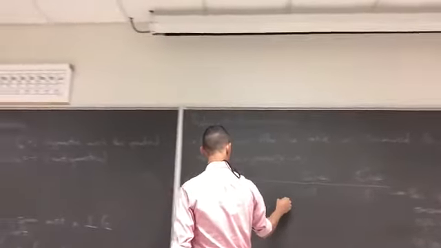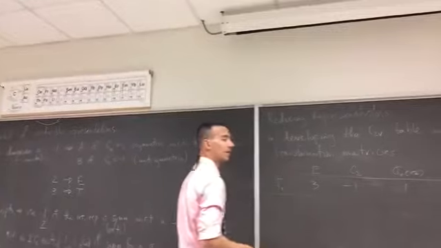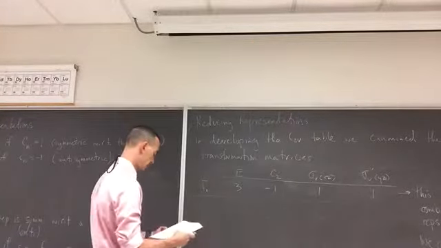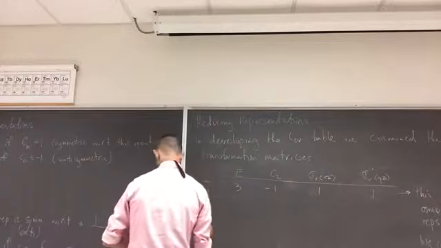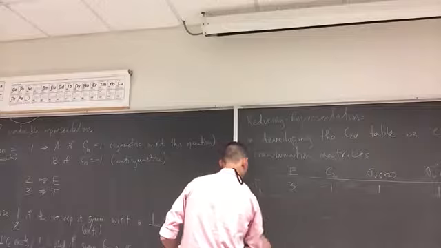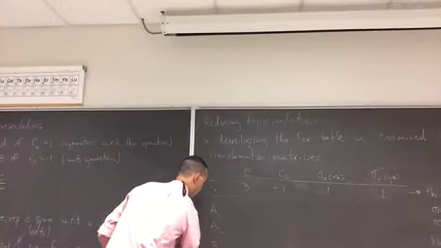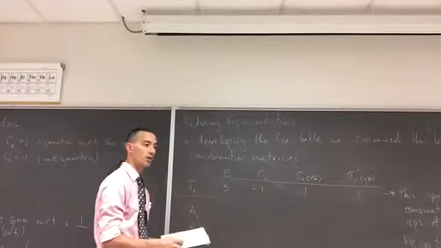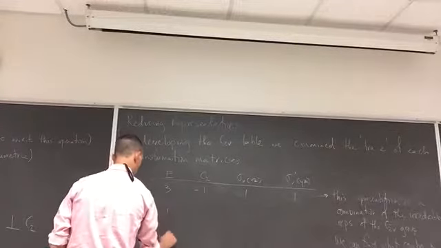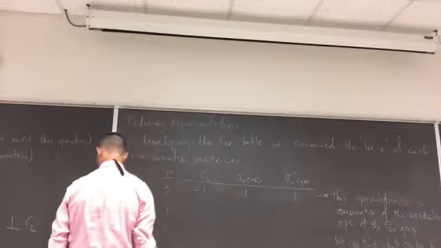To reduce it, we need the complete character table. So the character table, A1, A2, B1, and B2 are the 4 irreducible representations. Okay? I'm going to go down the columns, they're all 1s, 1, 1, 1, 1.